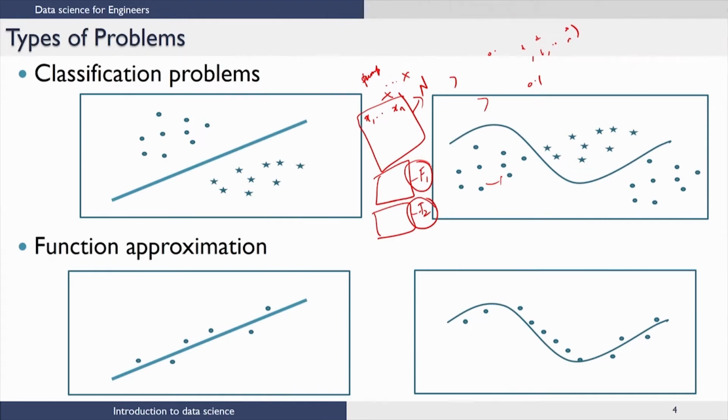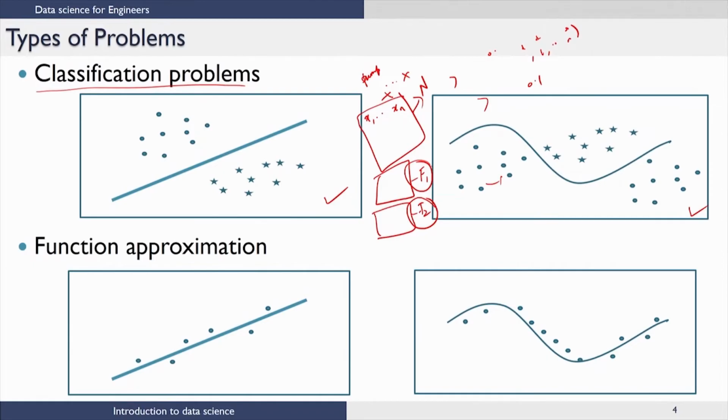In summary, the one type of problem that we are interested in data science is classification, and these two pictures here show the different types of challenges that we are going to face when we look at classification problems.